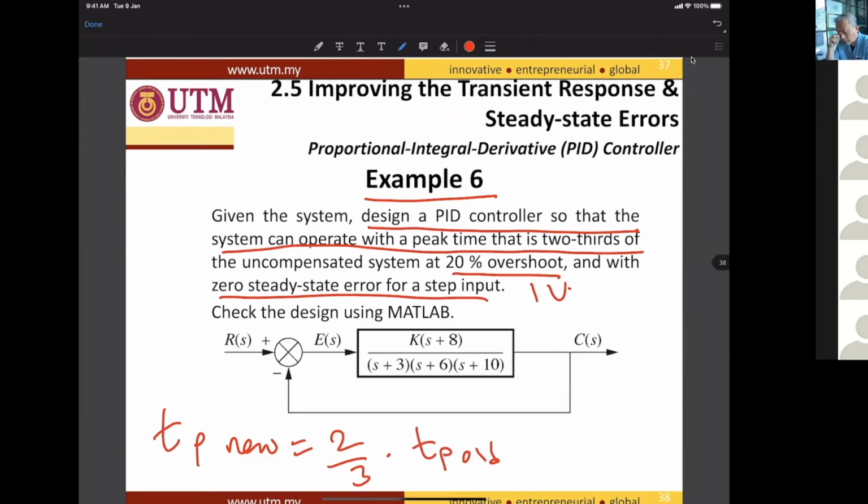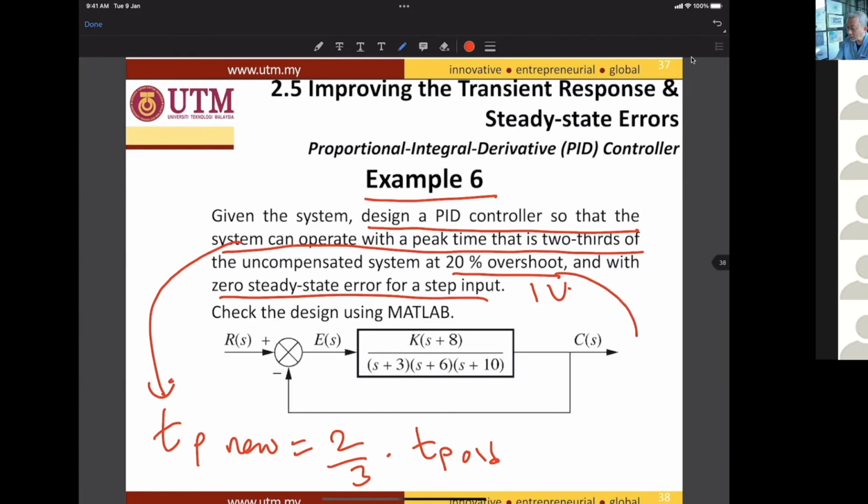Kalau peak time yang lama adalah 3 second, jadi 2/3 multiplied by 3 second, 2 second lah. The new peak time. Okay. Ni maksud ayat ni.